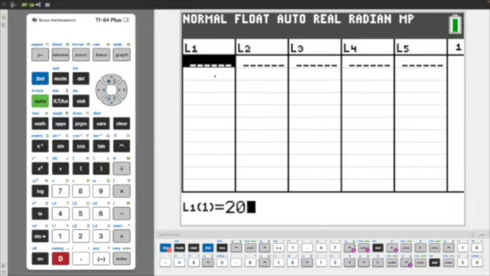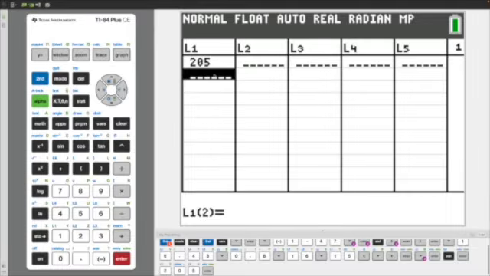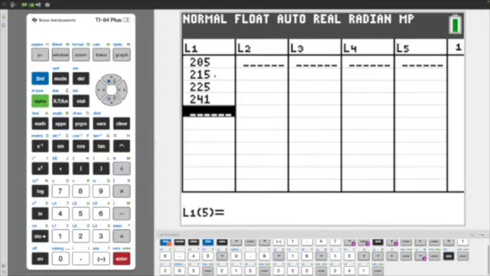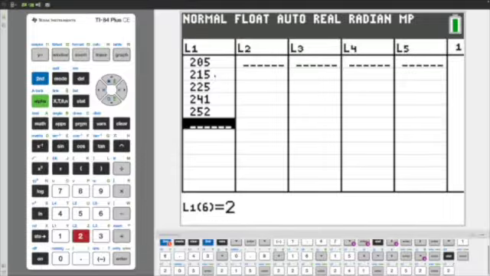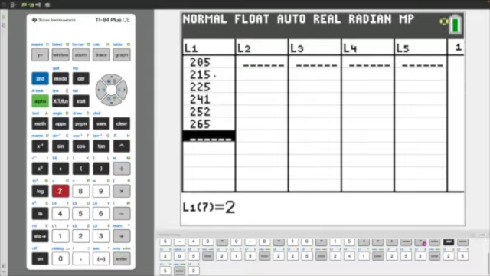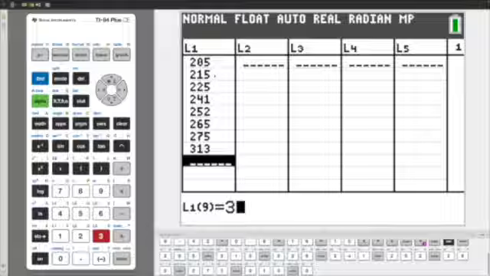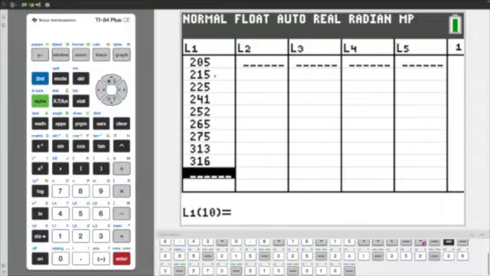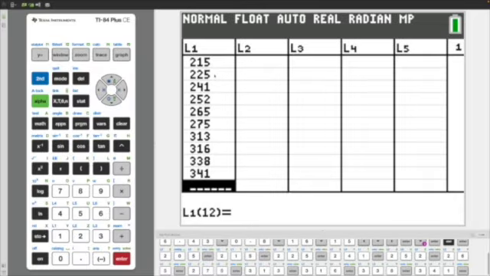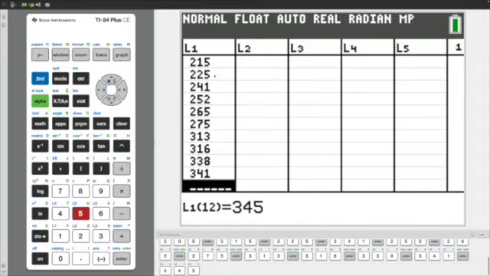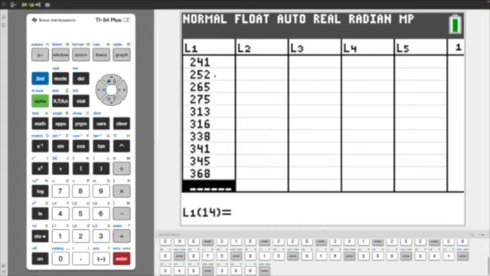So we had players say 205 pounds, 215, 225, 241, 252, 265, 275, 313, 316, 338, 341, 345, 368, and 385.